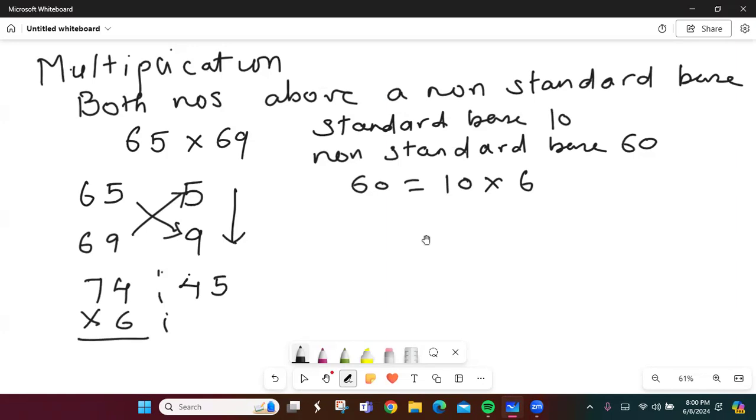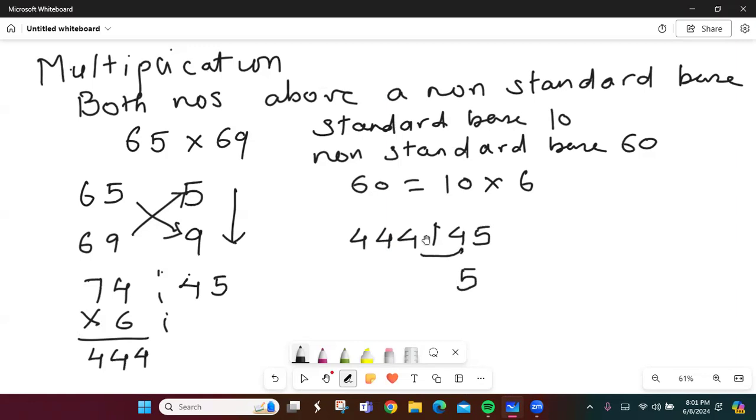And that will give me 444. So let us write this as 444 in the left partition and 45 in the right partition. Keep it in mind that the standard base is 10. That means on the right, in the right partition, there can be only one digit, because 10 has 1 0.